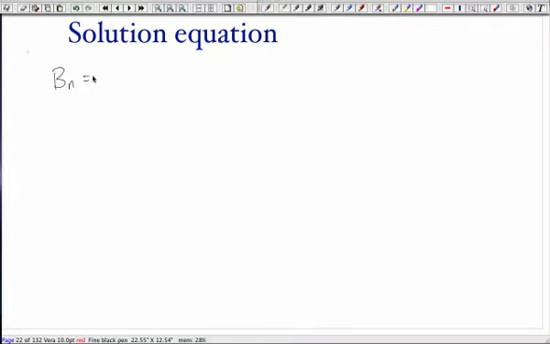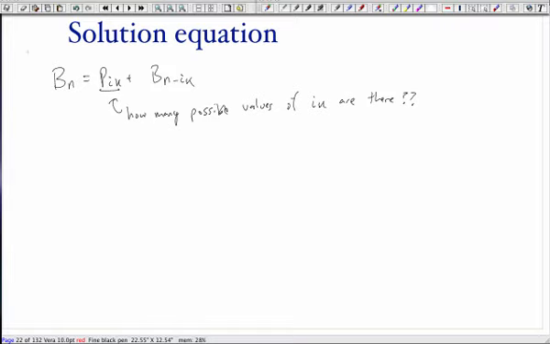So we know that the best of n is going to be p_i_k plus the best of n minus i_k. And now we also know something else: how many possible cuts are there for you? That last cut, how many options do I have at that spot? You have basically n, right? Or n minus 1.